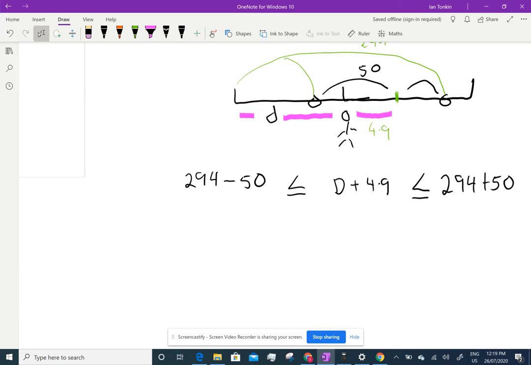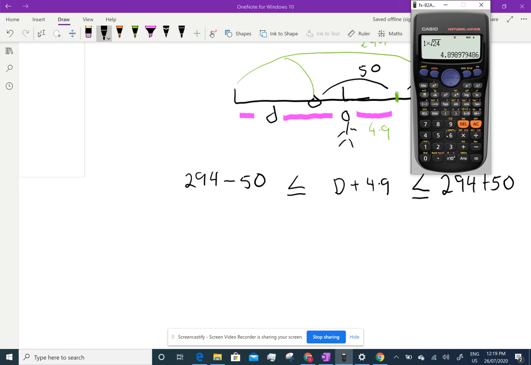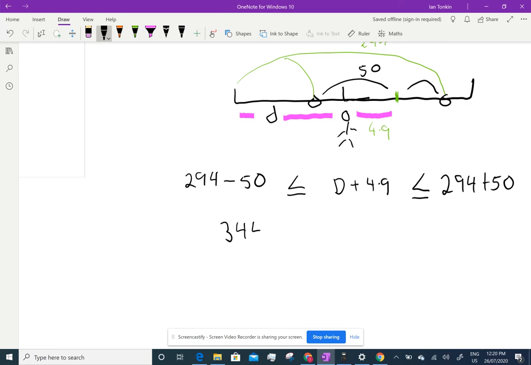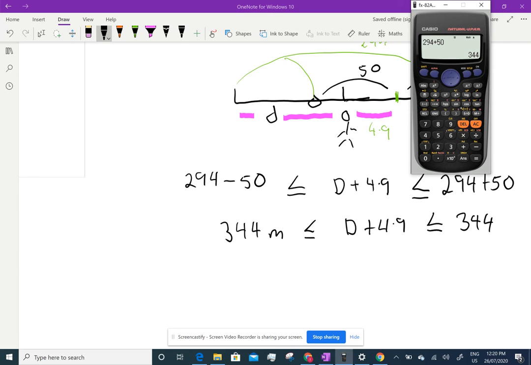So here, 294 plus 50, 344 meters, the distance. Oh, sorry, I was meant to do minus, that's 344, that's that one. And this one, let me go back and change it to minus, 244.